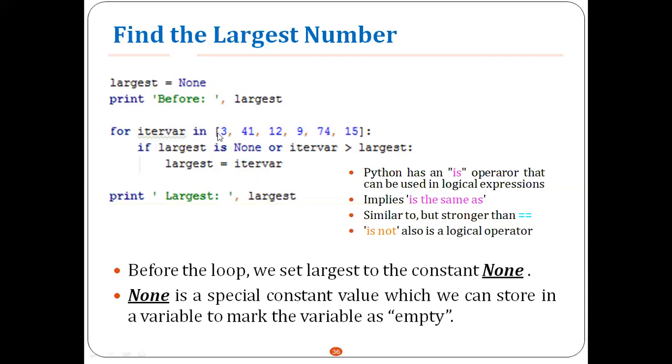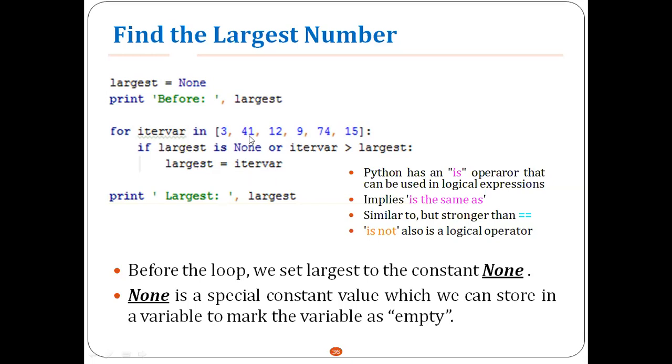Then I am reading the first element, that is 3. If largest is none, or the iteration variable is greater than largest. None is smaller than 3, so largest is set equal to the iteration variable.